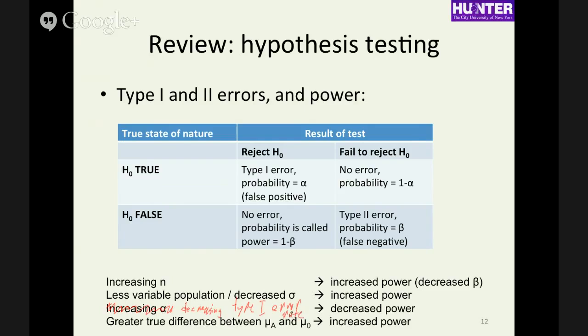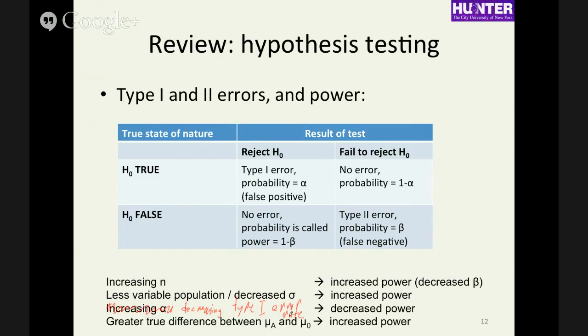So that means that you have to be more confident in the alternative hypothesis, so a lower probability of type 1 error, in order to reject the null. If you're requiring a higher standard of evidence, you're less likely to be able to observe that standard of evidence, all other things being equal. So if instead of alpha equals 0.05, you go down to alpha equals 0.01, does your power go up or down?